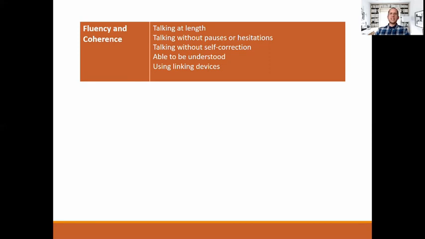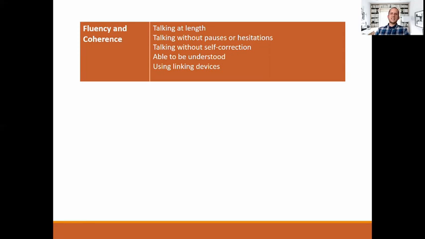Now, obviously, at each criteria, that looks different. However, generally, we're looking for somebody to be able to be understood. So we're looking for clarity. Can somebody speak in a way that they are being understood? And last but not least, the linking devices.